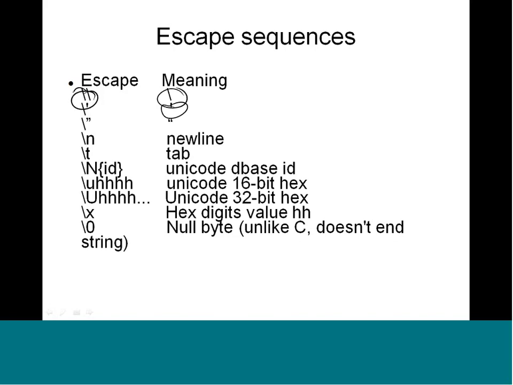Quotation is the same thing. Backslash n is for the new line, and backslash t is for tab. Backslash N and the id is the Unicode database ID for that particular character.